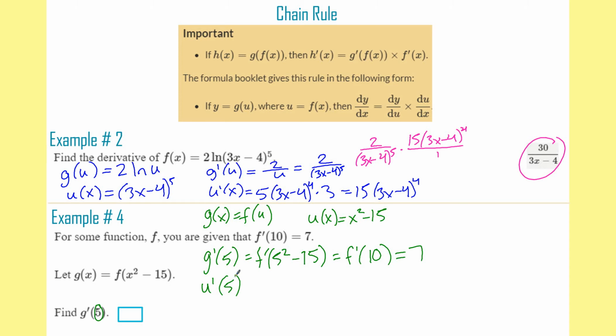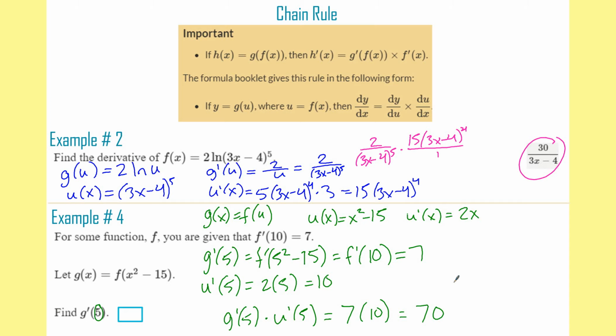Now do the derivative of u at 5. I'm sorry, the derivative of u at 5. So the derivative of u is just 2x. So 2 times 5 is just 10. The derivative of g times the derivative of u is going to give me my answer.